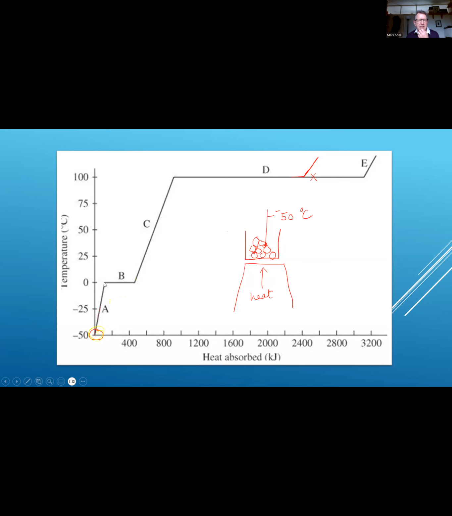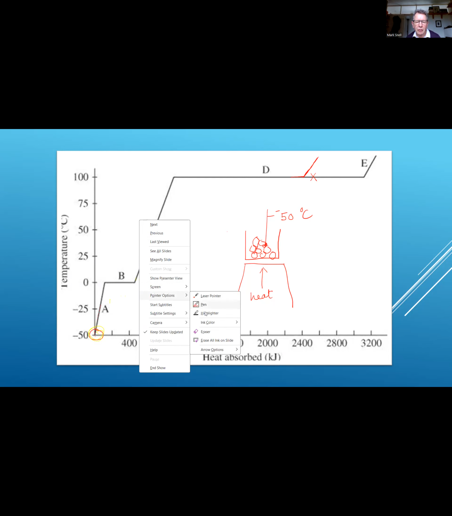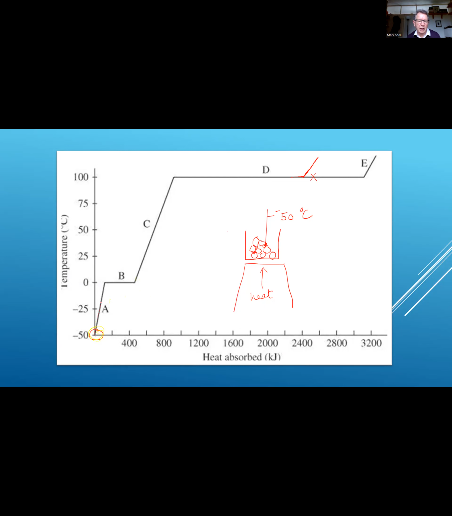Okay. So in other words, at B we've got solid and liquid together. Solid and liquid together. Why does my pen not work today? Come on. Okay.